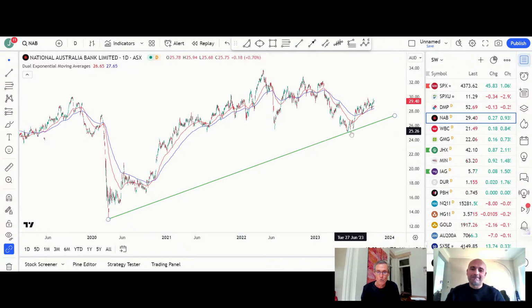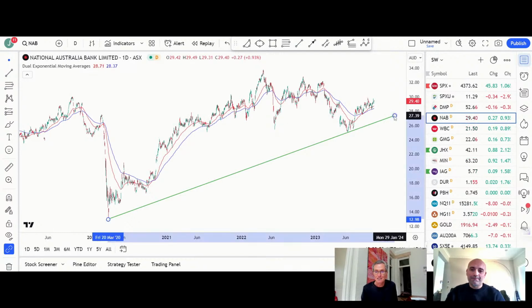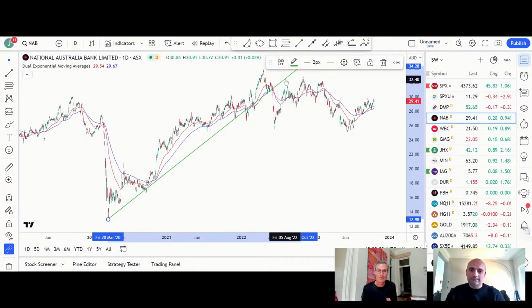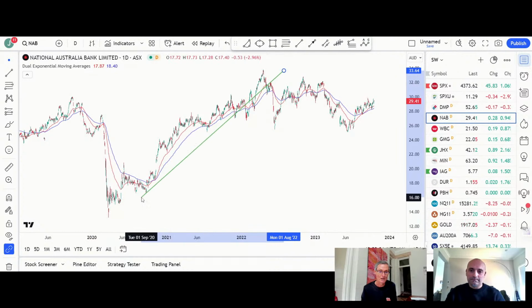But that's actually a meaningless line. Like, why this point? Why not that point? Or why not that point? It's like you can draw a line anywhere, and it doesn't tell you a lot. You can put a line up through there, and it's just, well, what's it telling you? Not very much. Or you can wiggle it around, and you can draw a line up through there.